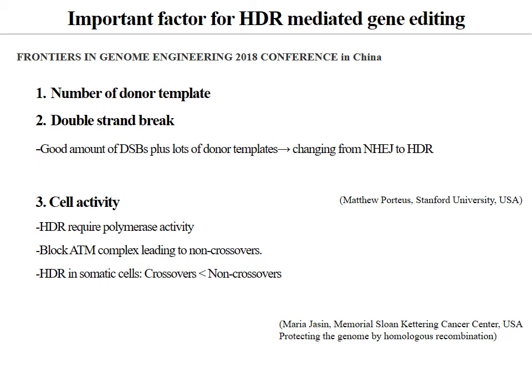So usually this pathway happens in G2 and S phase, and so the cell cycle is also important. So we are using Cas9 for HDR. Actually, yeah, for the old transformation, but sometimes we treat some chemical for this cell cycle like that.